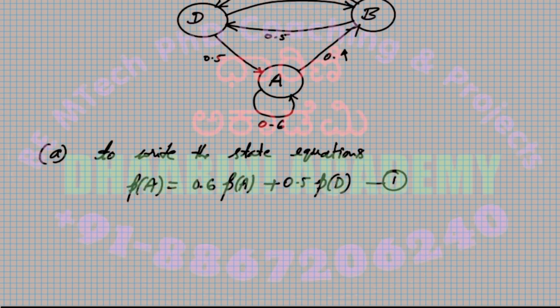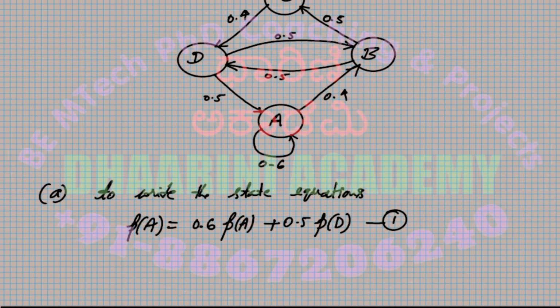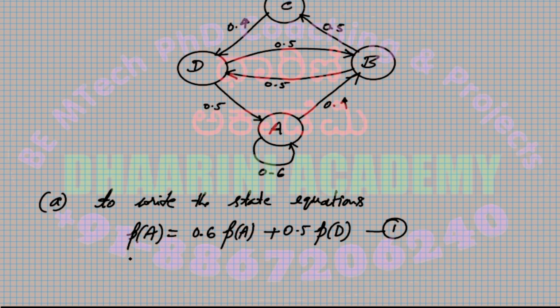Like that, you write for all the states, that gives you the state equations. Let me write for the second one. If you look carefully, P of B I can write: 40% of the time I'll come from A, and from D 50%, so 0.4 P of A plus 0.5 P of D. Let me call this equation 2.